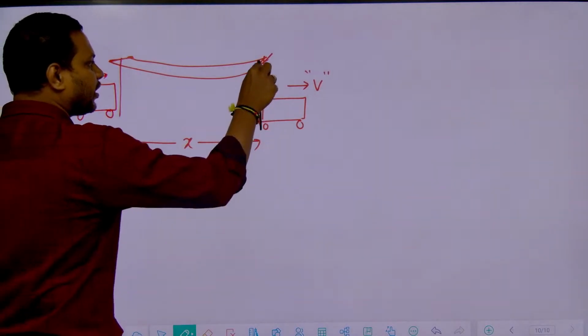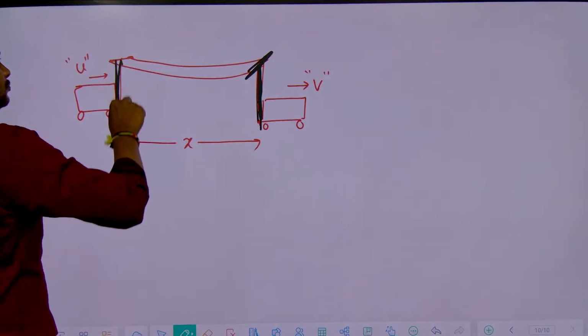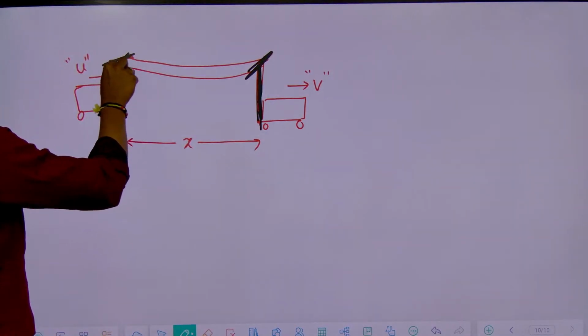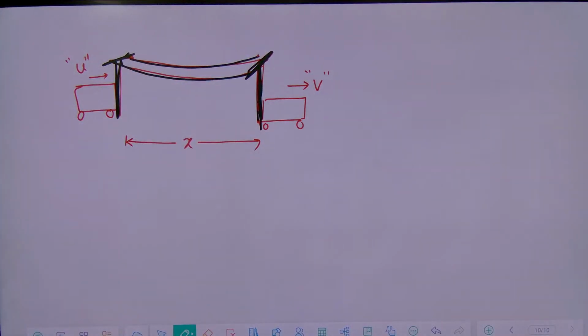The distance between the two poles is x.